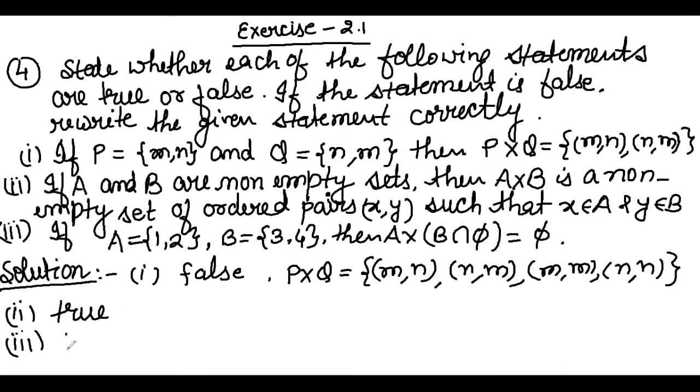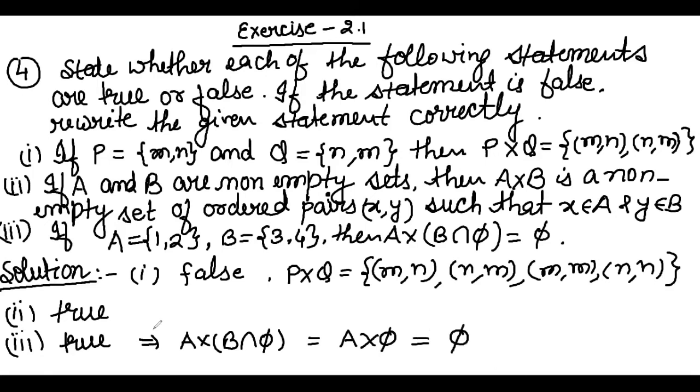Obviously, this is true. A cross B intersection phi means the common part in set B and phi. The common will be phi only. So it will be A cross phi, and we know that A cross phi is always phi. So this is a true statement.